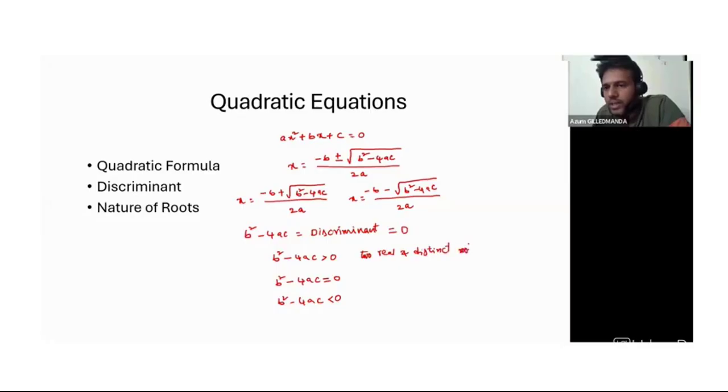Understood? So these are the nature of the roots. If the discriminant is greater than 0, then we will have two real and distinct roots. If it is 0, then we will have two equal roots. And if it is less than 0, then no real roots.